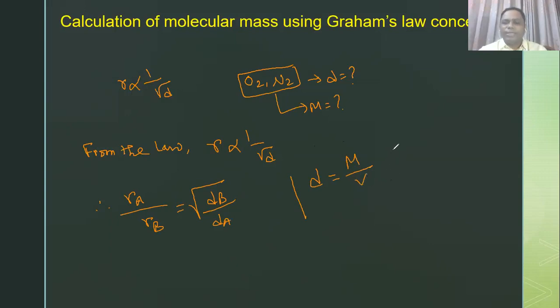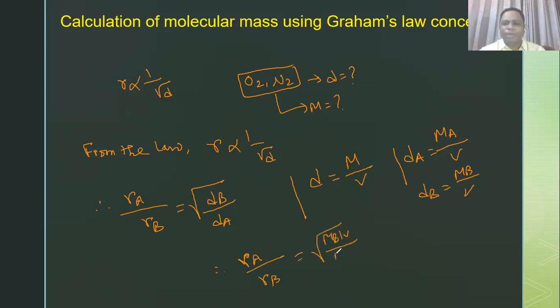Therefore, for gas A we can write dA equals Ma by V, and dB equals Mb by V. If we put this information here, then Ra by Rb equals root over (Mb by V) divided by (Ma by V), which is root over Mb by Ma.